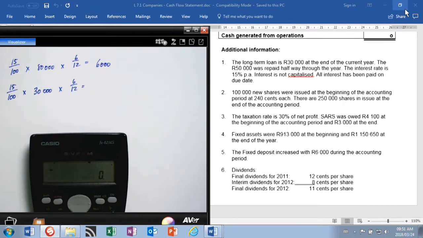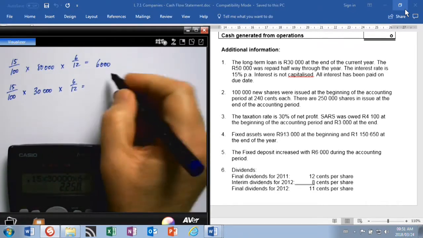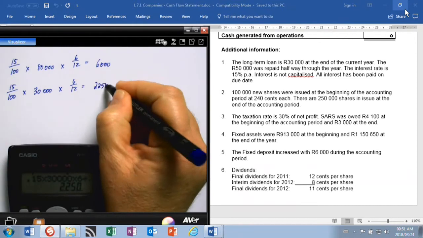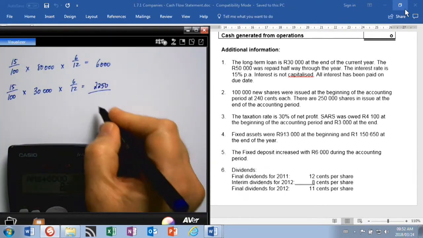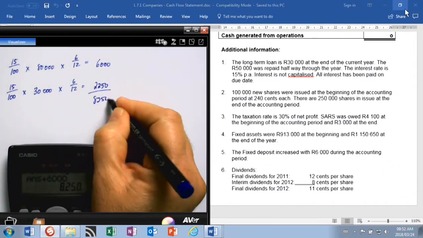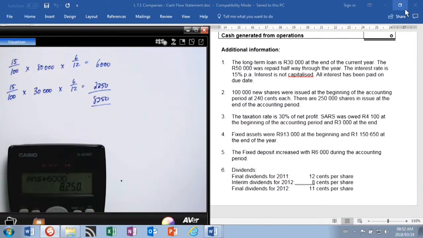And then 15% of 30,000 times 6 months, that gives us 2250 there. And plus the 6,000 rand, that gives us 8250. They mentioned that all interest has been paid on due date.